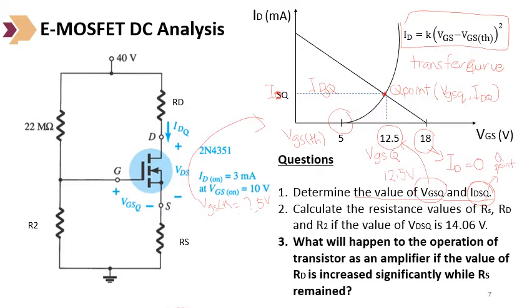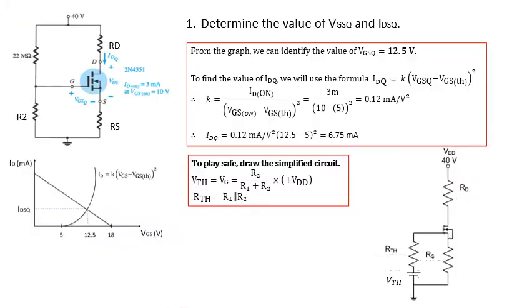But now let's see how we can get the value of the IDSQ when you have the information about the VGSQ, which is 12.5 volt from the graph.